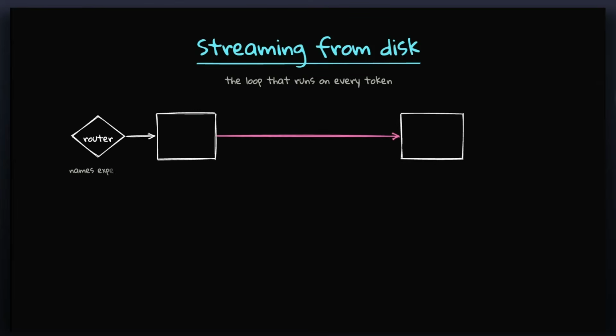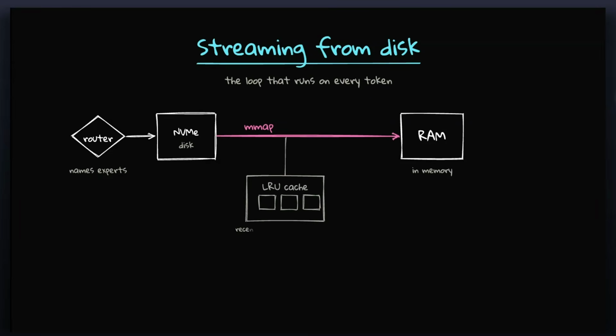All right, so here's how this whole thing actually works. The router names the expert it wants, and the memory map reads those weights straight off the NVMe or your SSD into memory. There's also a caching mechanism, which basically caches the recently used experts, so repeats don't hit the disk twice. But the main problem is that it reads about 11 gigabytes from the disk per token.